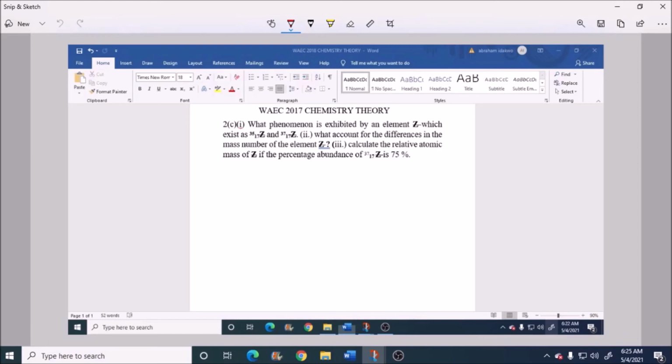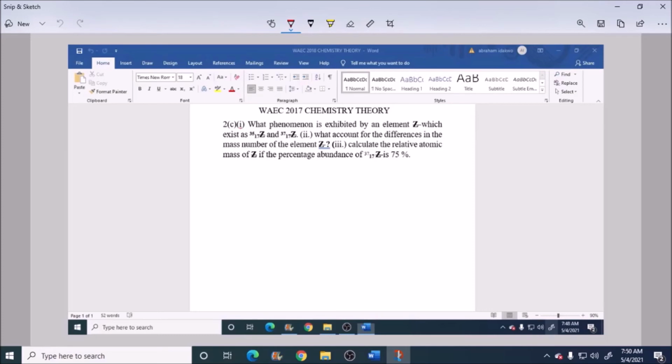Then Roman figure 3, we have to calculate the relative atomic mass of this element with the percentage abundance of one of the atoms of the element given as 75%. The mass number of this element is 37, while the atomic number is 17.